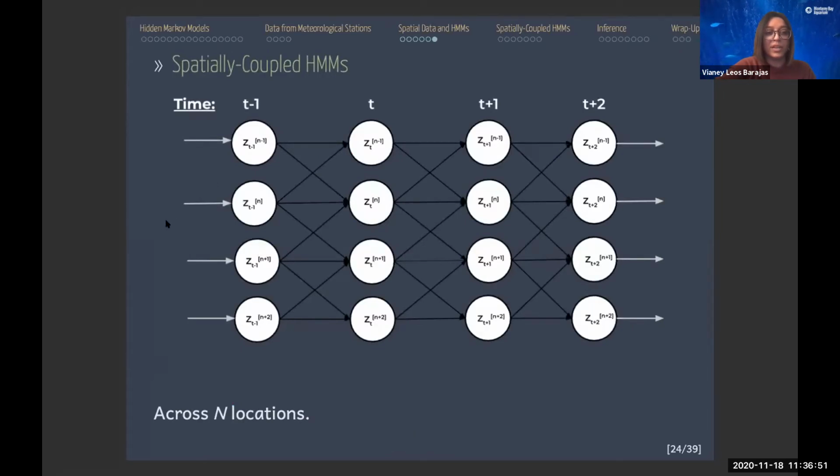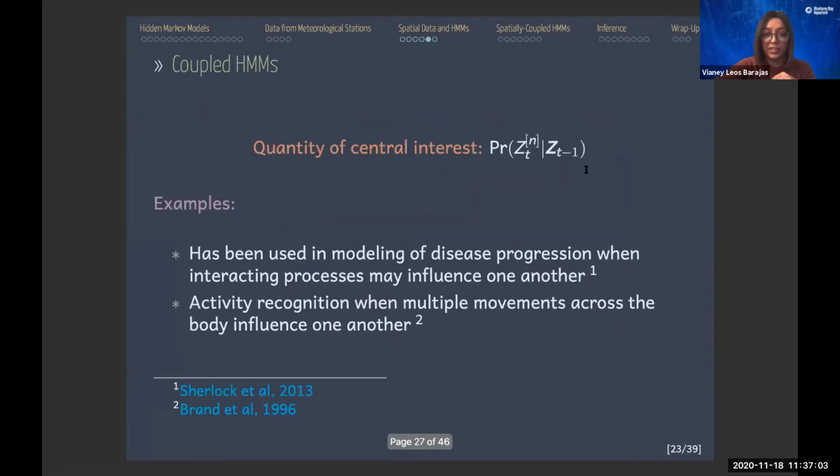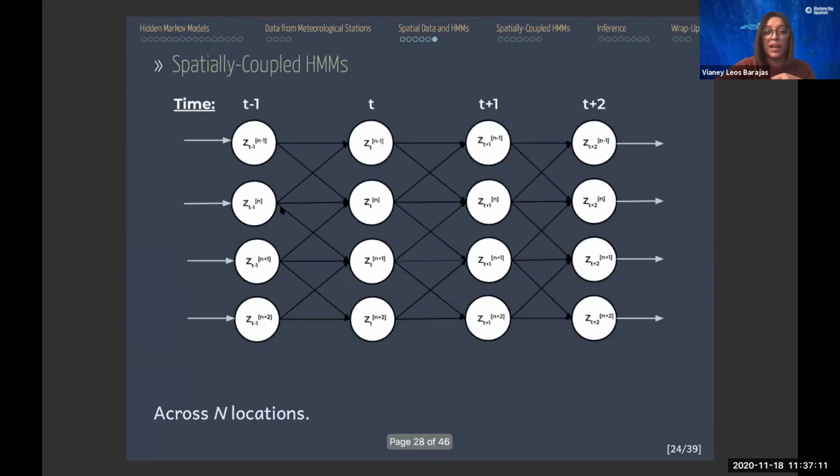Right. So the idea behind the spatially coupled hidden Markov models is that you again have multiple latent state processes. But instead of our quantity of central interest here, at location n and time t, this state depends on all other state processes at time t minus 1. Now there are only interactions with some of the states.